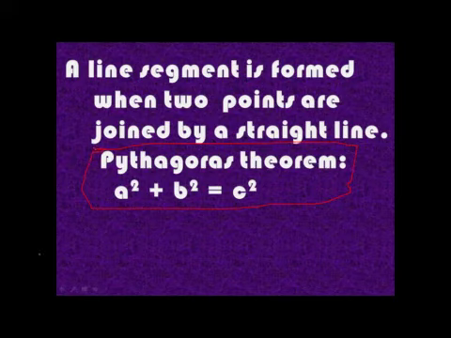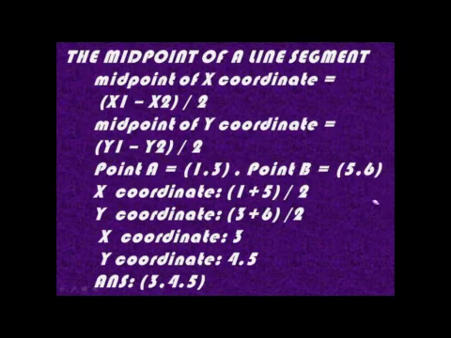It can be coordinate geometry, trigonometry, simple geometry. These all need Pythagoras theorem: a squared plus b squared is equal to c squared. That should be set in your mind. Okay, let's move to the next slide.